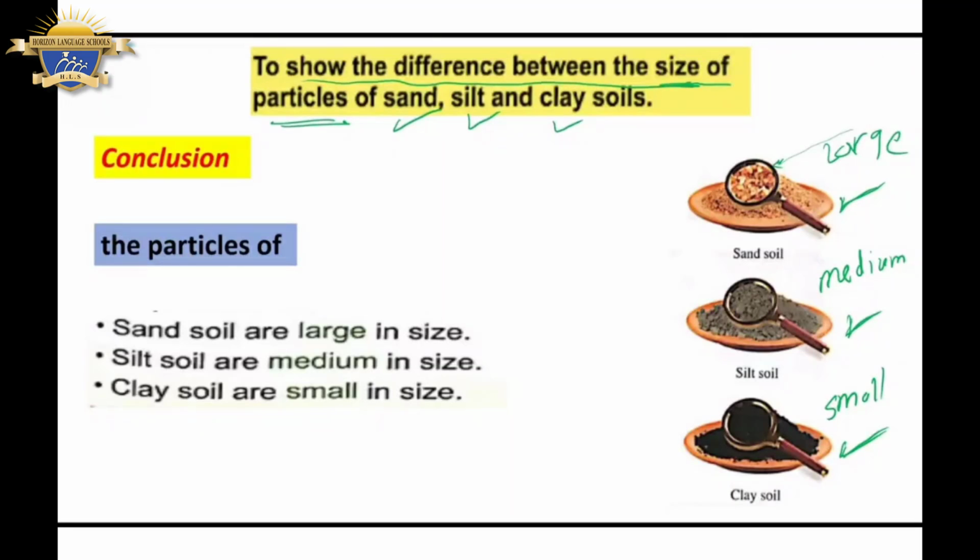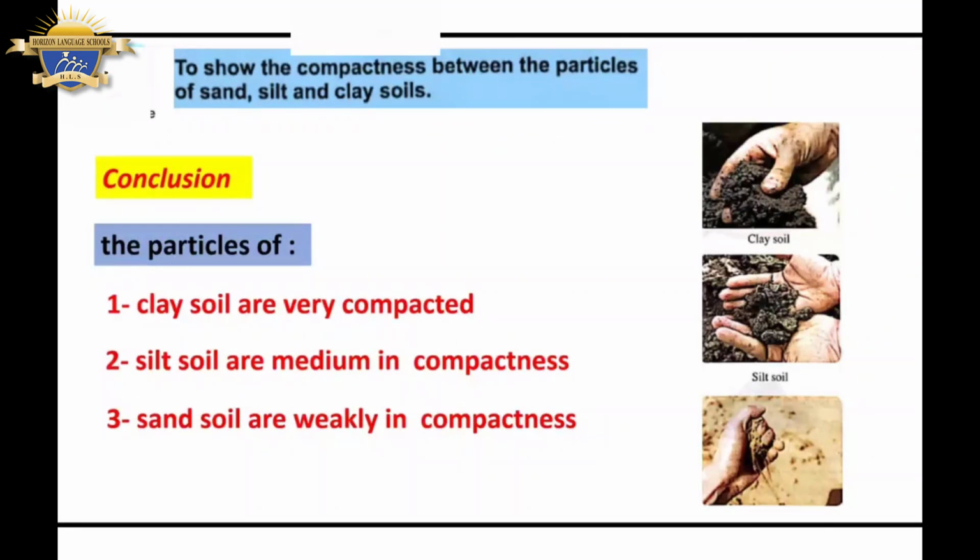In the second activity, we're going to show the compactness between the particles of sand, silt, and clay soils. First, put 3 equal samples of clay, silt, and sand soils in 3 dishes. Second, add an amount of water to each sample.